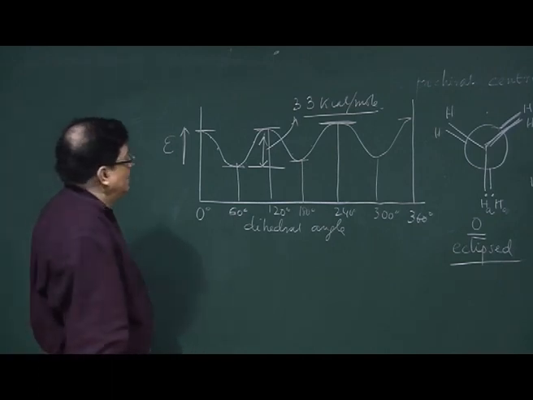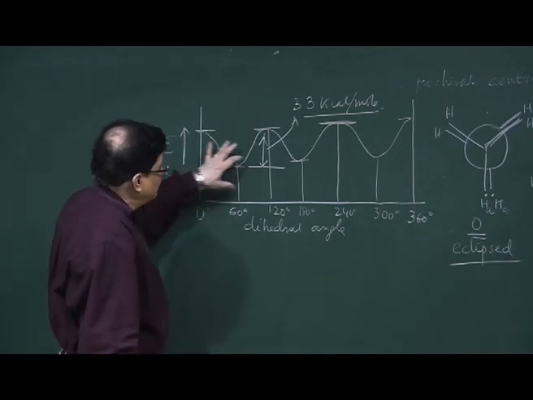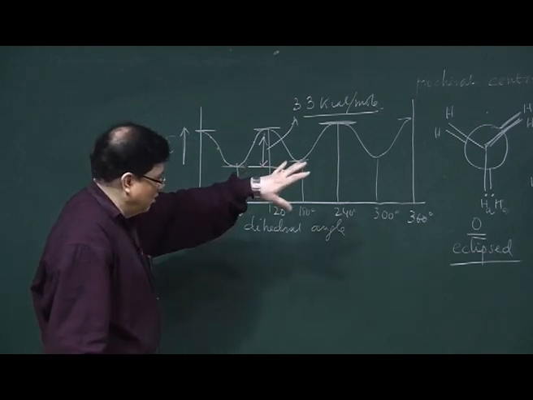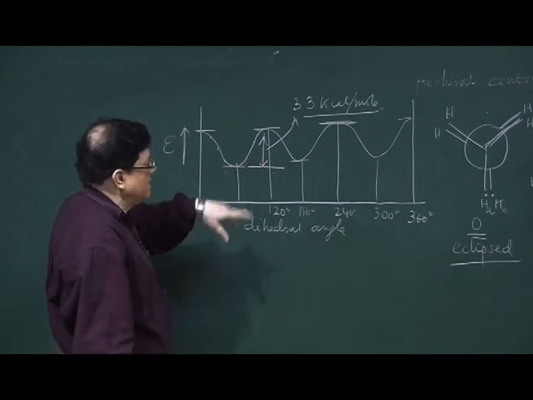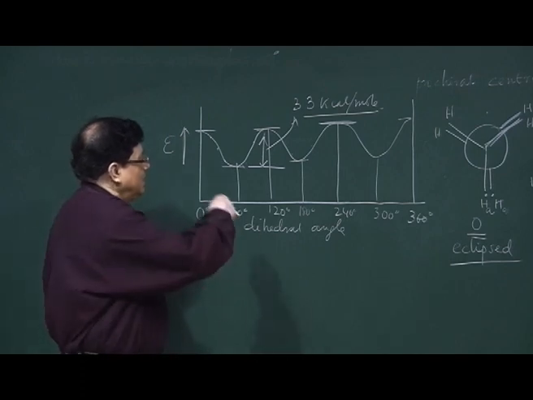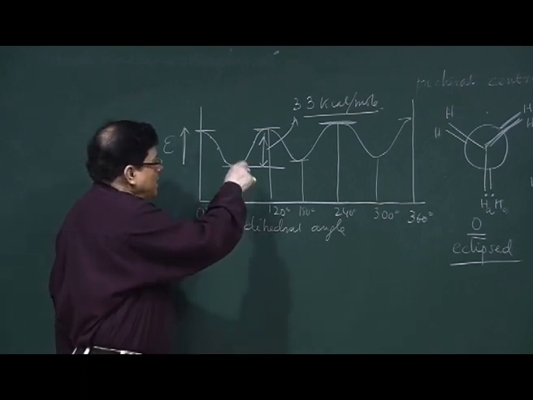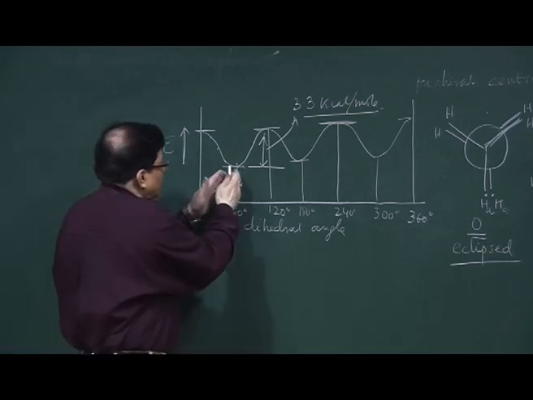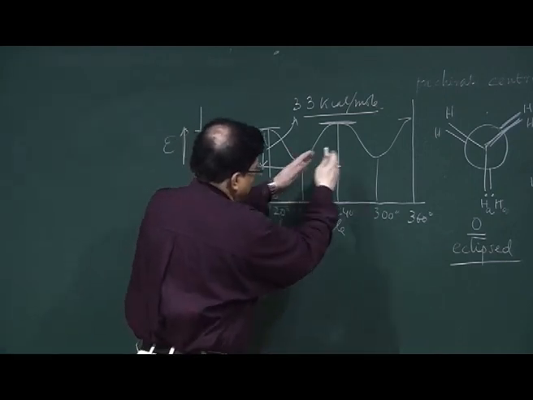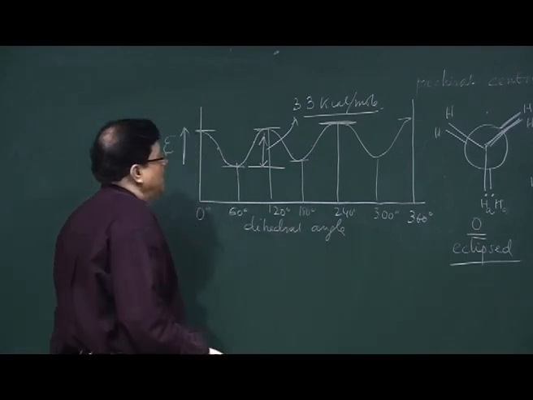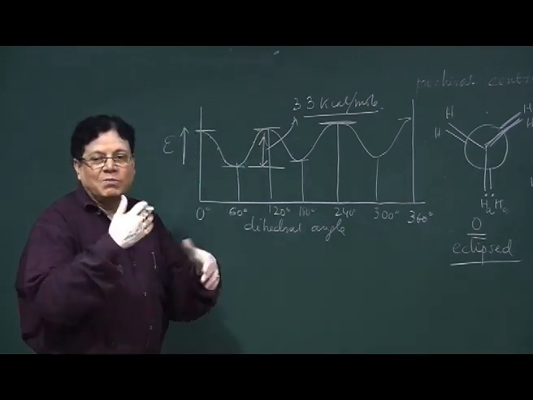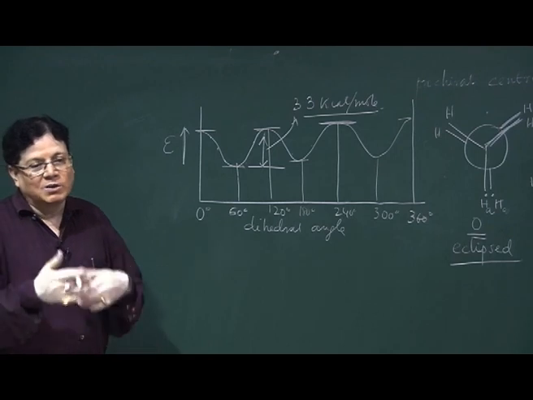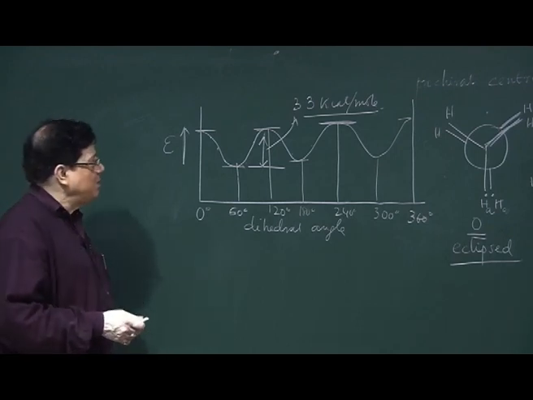Okay. So, more than 99% of the molecule will exist in the staggered form, but that does not prohibit the molecule from undergoing free rotation. One staggered form goes to another staggered form, going to another staggered form, and as you raise the temperature, that interconversion will be more rapid.